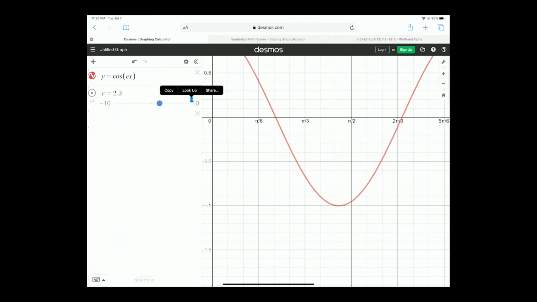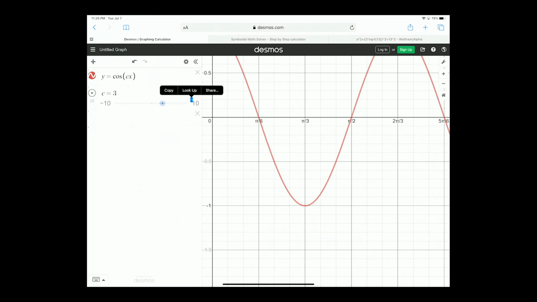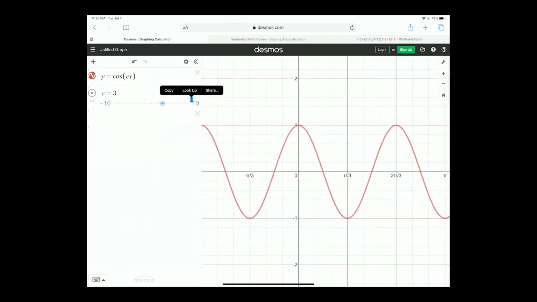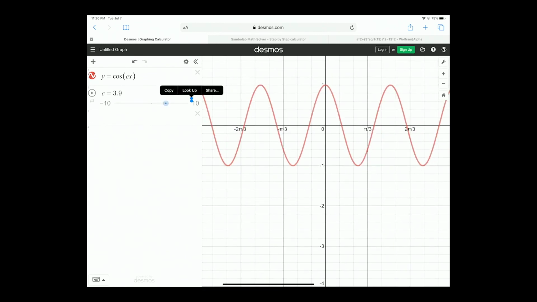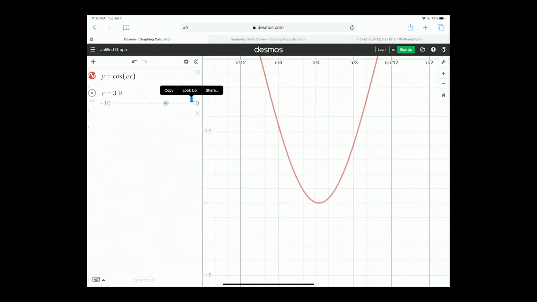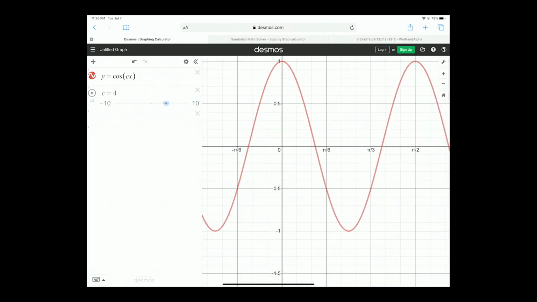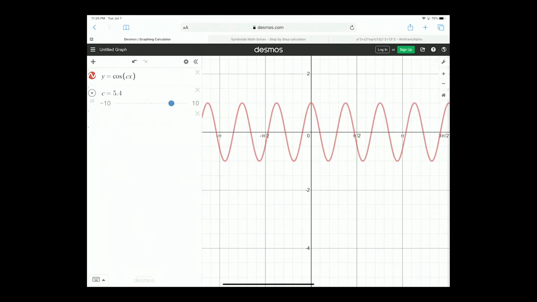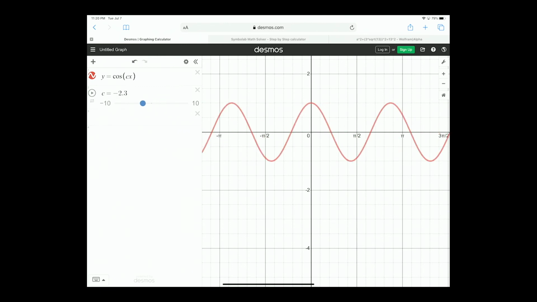If I go up to a 3, now that's at pi over 3 because it's 3 times as skinny. If I go up to a 4, now this first minimum here must be at pi over 4, which it is. So 4 times as skinny, right? So the bigger you change that, the skinnier and skinnier it gets. And same thing if you go close to 0.